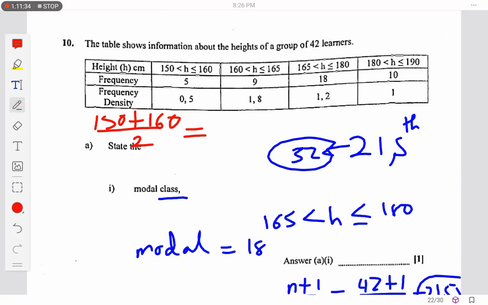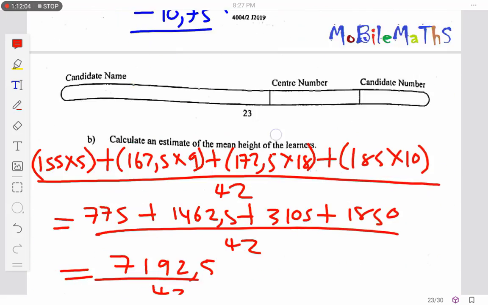So more than 160 is going to be here. Then the other one is saying less than. So more than, I'm having 9 here. Then less than 180, so I've got this one. So you find that I've got 9 plus 18 there. Okay, let's use that information.